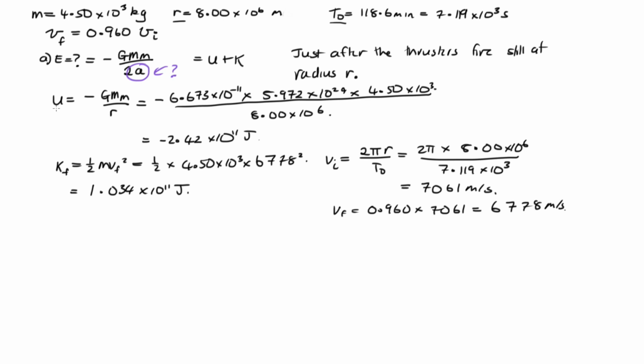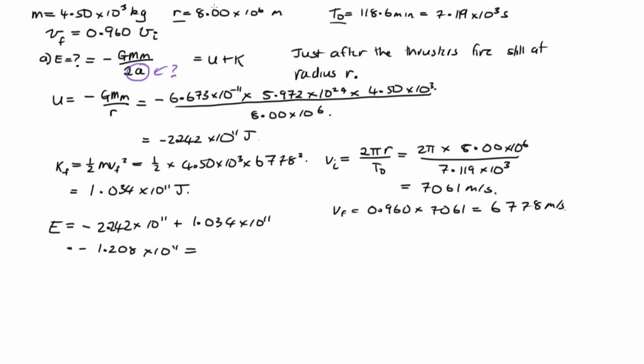Okay, so now we've got the potential energy and we've got the kinetic energy just after the thrusters have fired. So now we can calculate the total mechanical energy just by adding those together. So we've got minus 2.242, sorry, I left off a 2 there, minus 2.242 times 10 to the 11 plus 1.034 times 10 to the 11, and that gives us minus 1.208 times 10 to the 11.